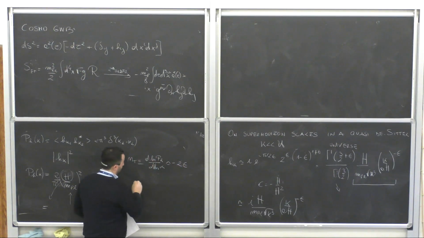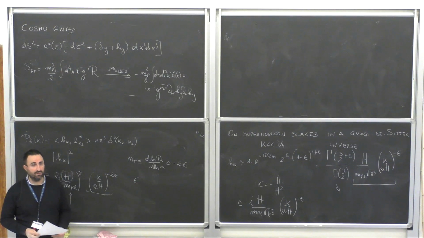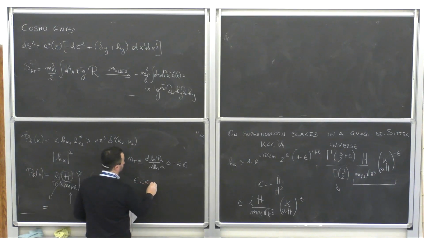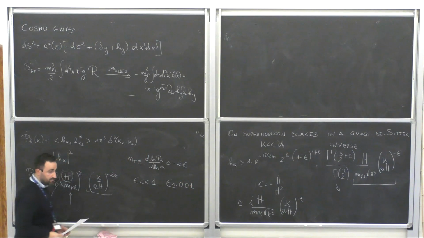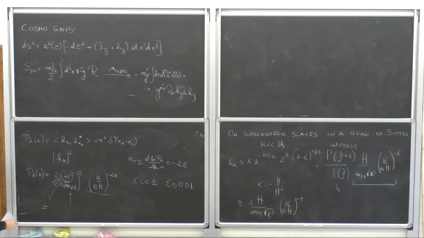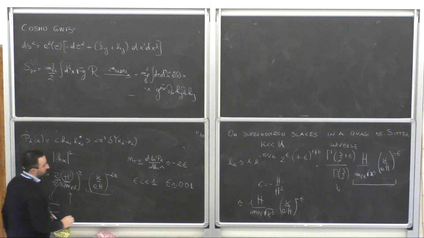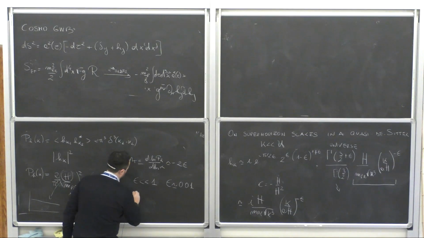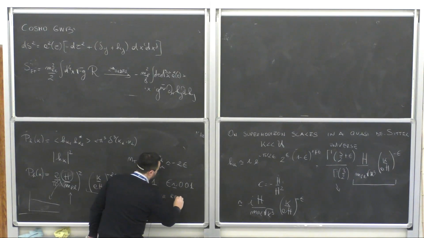Remember that epsilon, to have inflation, must be very small, typically of order 10 to the minus 2. This means that if you compute this power spectrum, it will have a slightly tilted red spectrum.